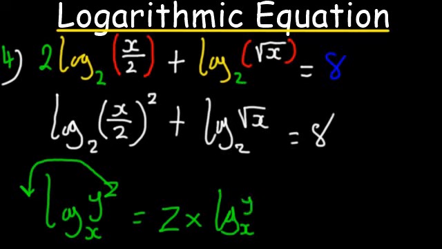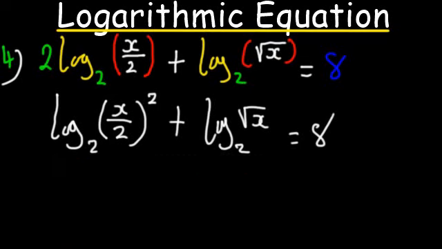Now this can be done in the vice versa manner. If this is what I have initially, I can actually turn it to this, I can bring this back to be acting as an exponent. So that's exactly what I make use of.